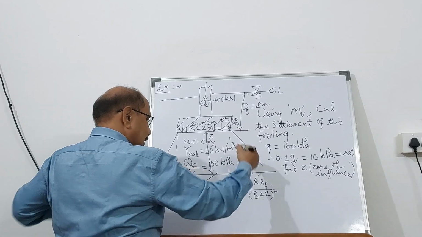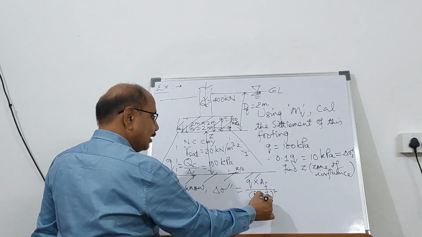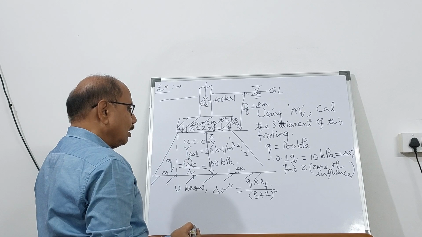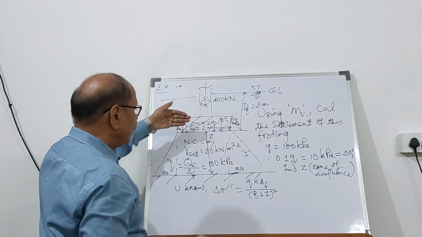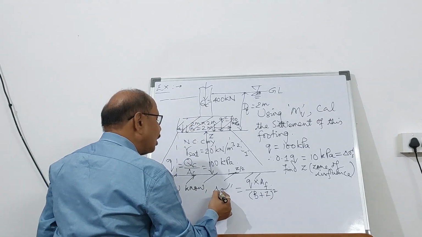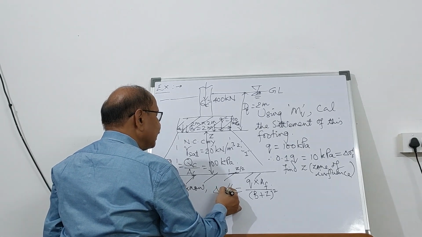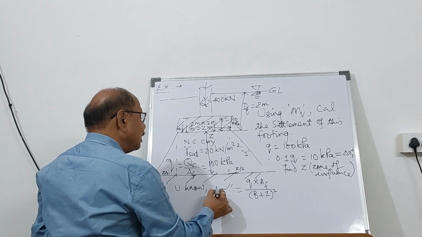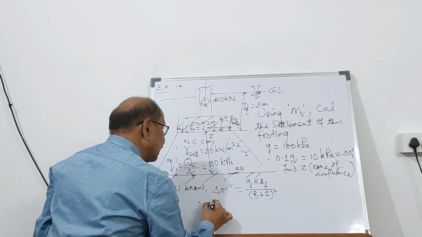So the load is going to spread over an area of (B plus Z) square, where Z is the zone of influence, where the intensity of loading becomes 10% of the intensity of loading at the base of the footing. So now you know this increase in effective vertical pressure, delta sigma prime, is 0.1 times q.